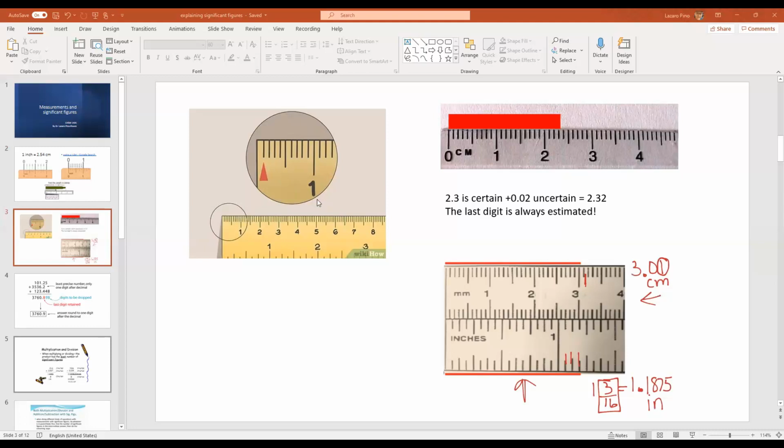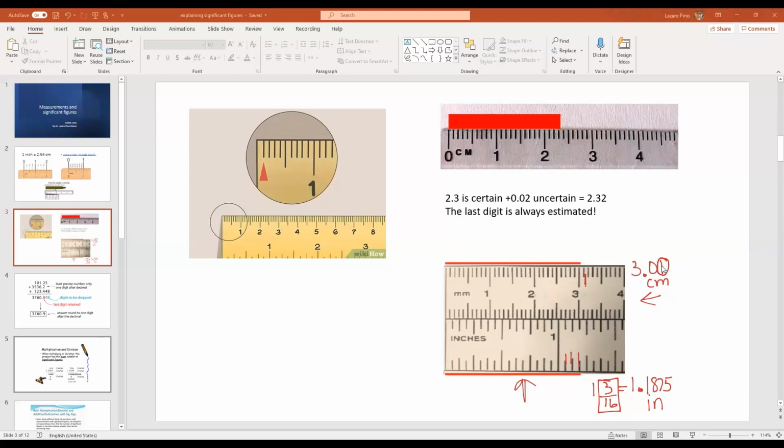Let's see. If you are going to measure this red line here, you can see that it is 3 centimeters, 3.0 for sure, is certain, but it's a little more. It is between 3.0 and 3.1. Then you have to estimate the last digit.